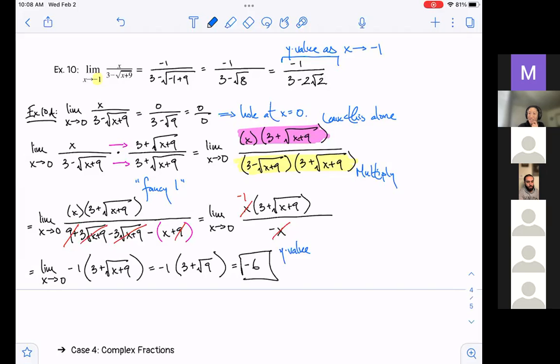Ah, okay, there we go, right? Such a small difference, but it's the y value when x gets close to 0. But what happens when we're exactly at x equals 0? There's a hole. Yeah, there's a hole, right? There's no actual value there. But when we get close to it, we get close to a y value of -6, okay?